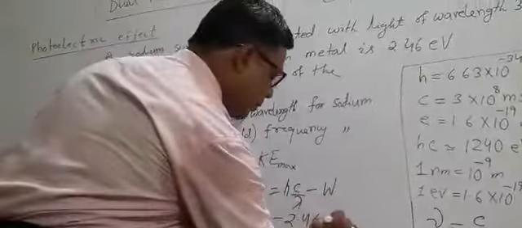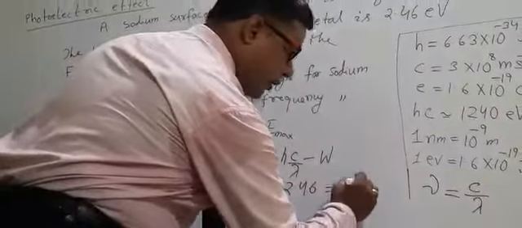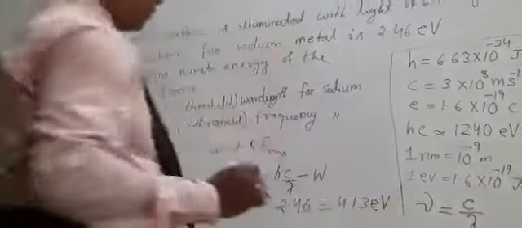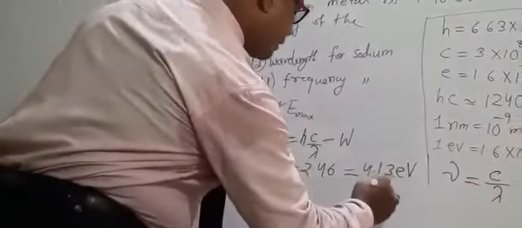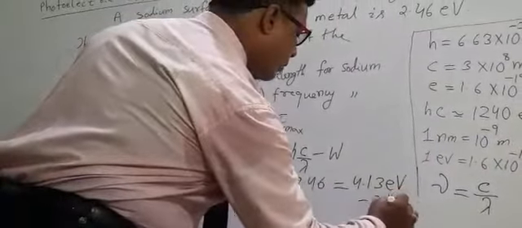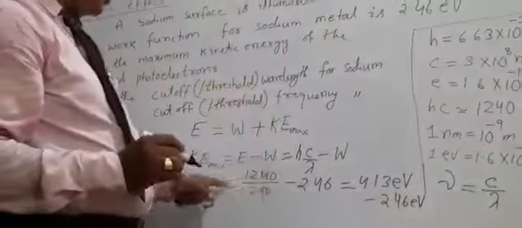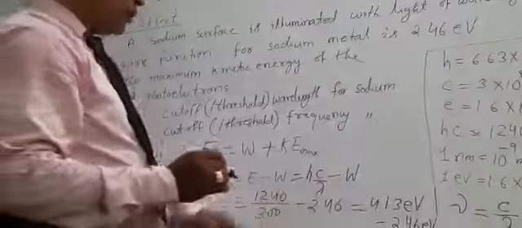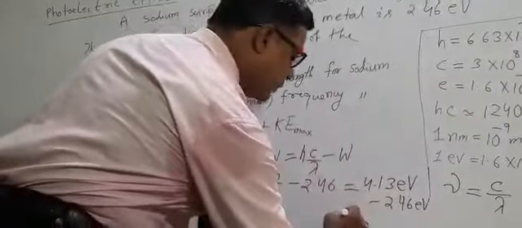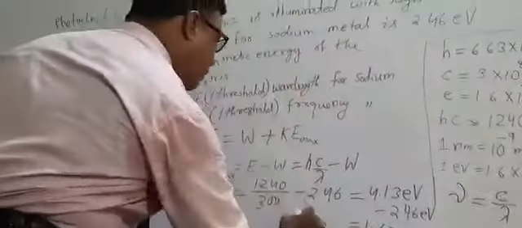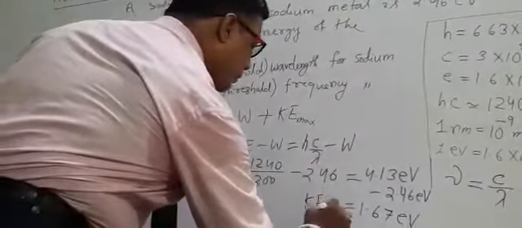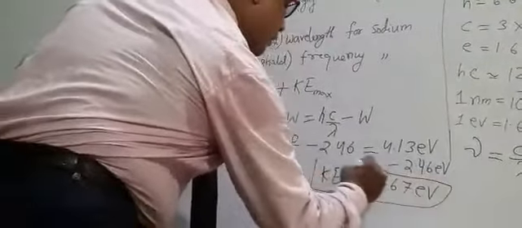So this value gives around 4.13 eV minus 2.46 eV. So it is 4.13 minus 2.46. The result will be 1.67 eV. So it is your K max. K max value is 1.67 eV. So it is the answer of the first one, maximum kinetic energy.